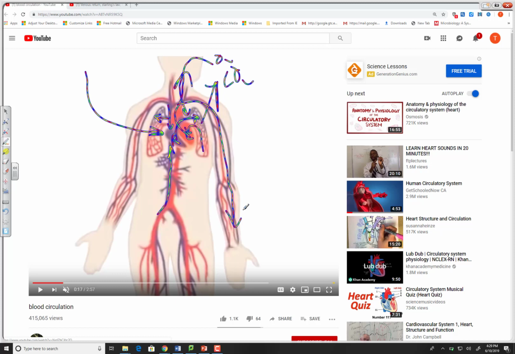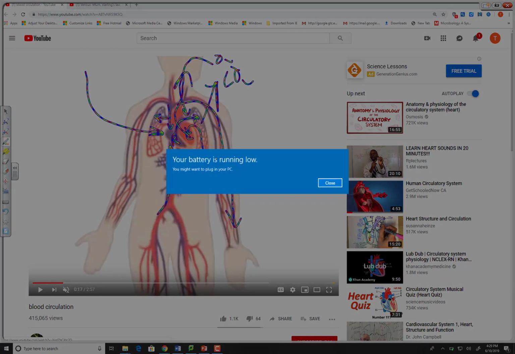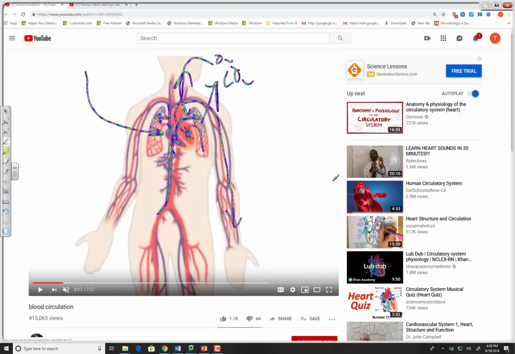So the left side of the heart has to generate more pressure. And because it has to generate more pressure, the vessels, the systemic arteries, these guys right here, they have to be thicker, right? Think about it.